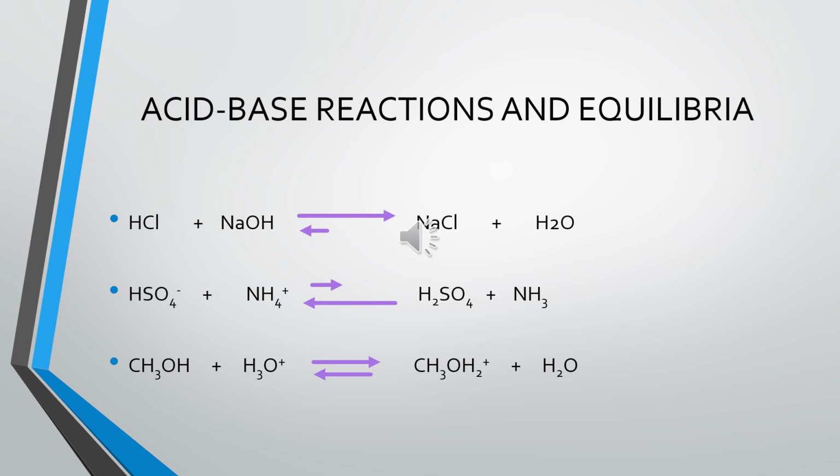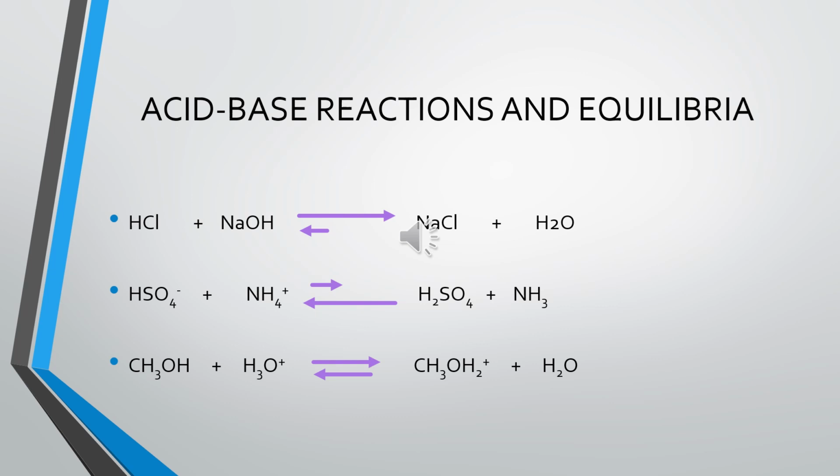Okay, so what I show here are 3 Bronsted-Lowry acid-base reactions and their equilibrium position, right? In the first example, we have hydrochloric acid reacting with sodium hydroxide to give sodium chloride and water. In the second reaction, we have bisulfate anion reacting with ammonium ion to give sulfuric acid and ammonia.